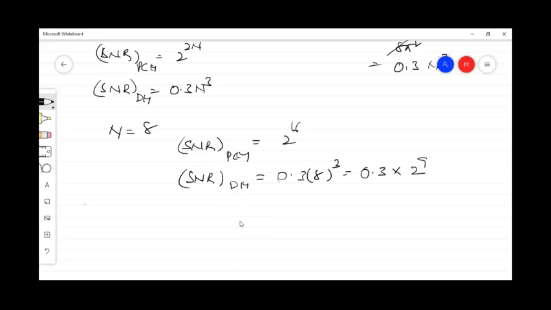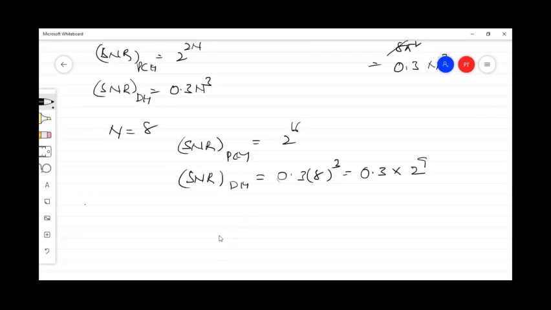Whereas in DM system, both are integrated into a single chip, which is normally called a codec. In a DM system, a part of the modulator itself acts as a demodulator. So that's why DM system has less hardware complexity compared to PCM.